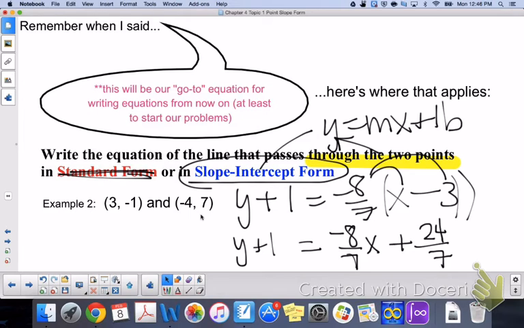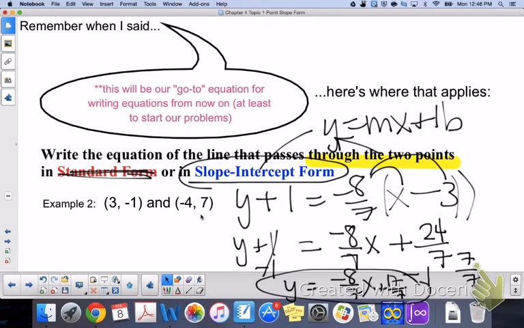And then what I want you to do is get y by itself, so we have to minus 1. Okay? So you have y equals negative 8/7 x plus 24 over 7 minus 1, which is minus 7 over 7, is 17 over 7. So we end up with negative 8/7 x plus 17 over 7.